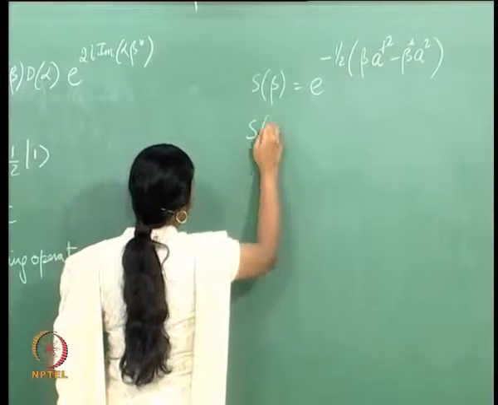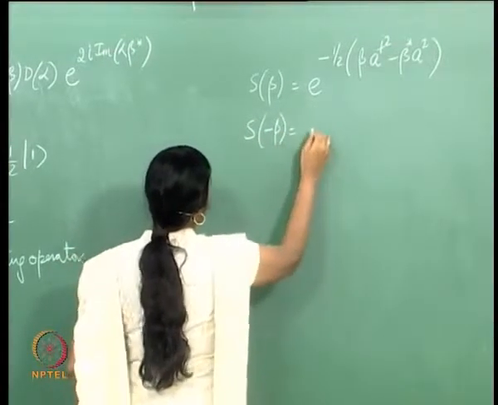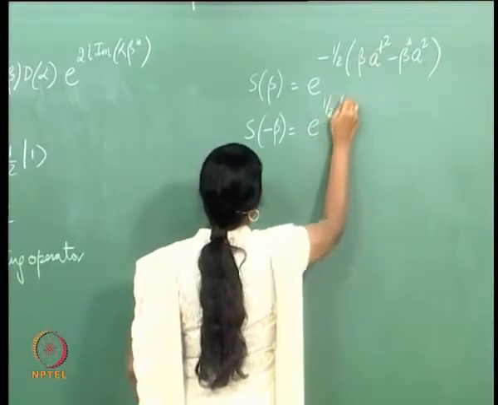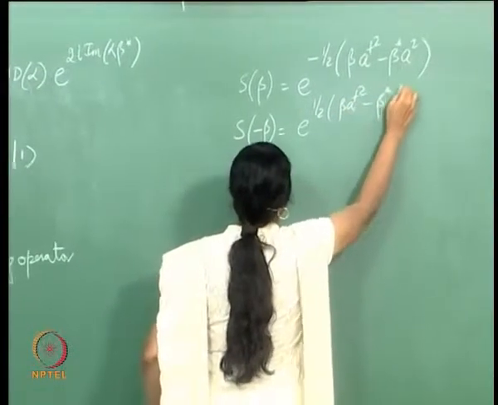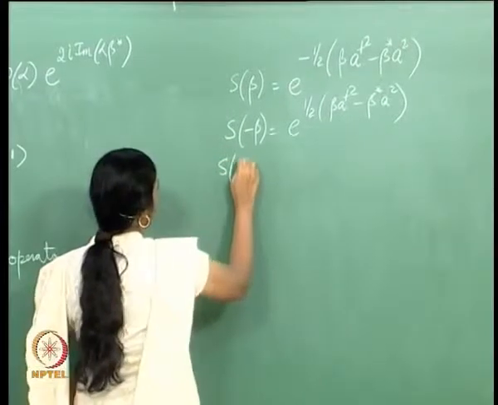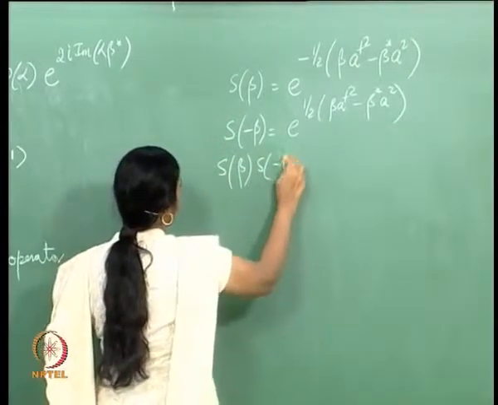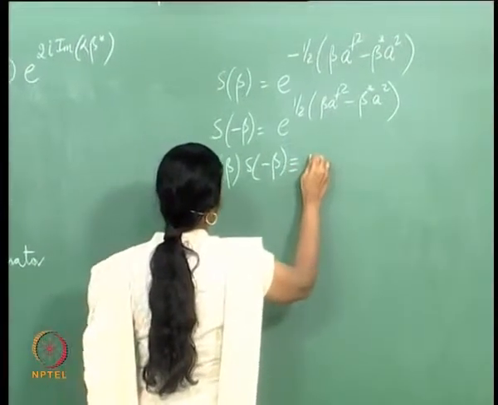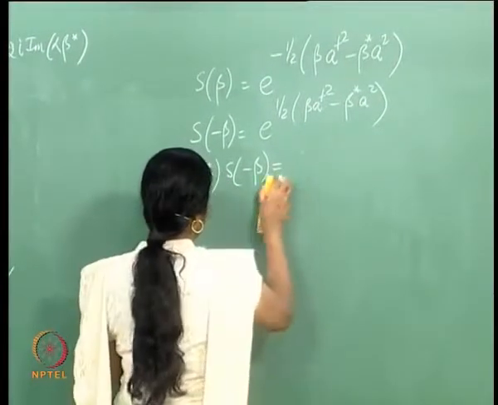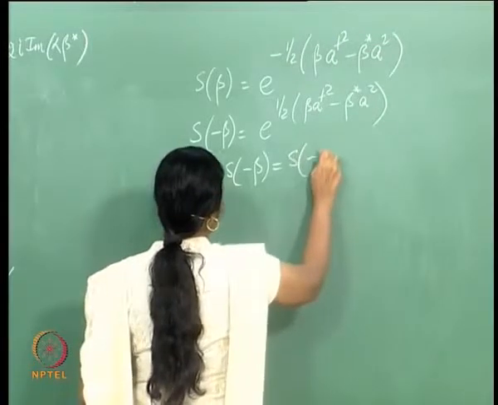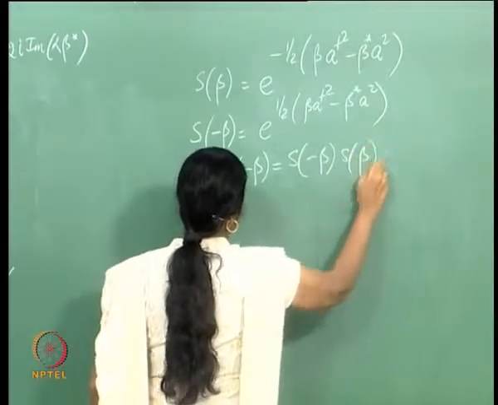Now, S of minus beta is e to the half, beta a dagger squared minus beta star a squared. It is clear that S of beta, S of minus beta is equal to 1, and that is the same as S of minus beta, S of beta.